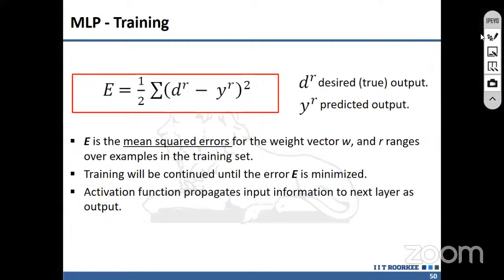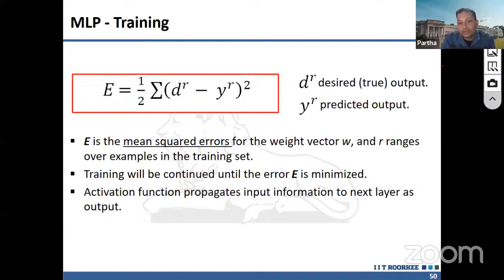Anish is asking, while adjusting the weights using back propagation, is the weight adjustment happening layer by layer? Shouldn't it be all layers simultaneously? No, it is not all layers simultaneously. It will be layer by layer, because we will first see what we are doing in these perceptrons. We change the weights.